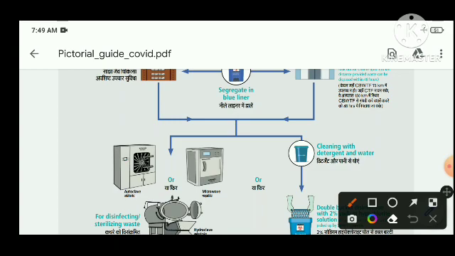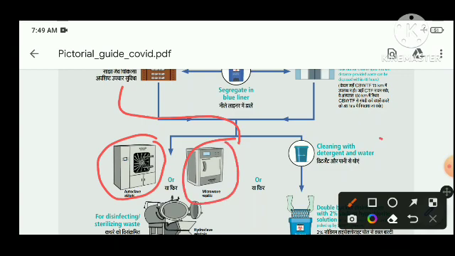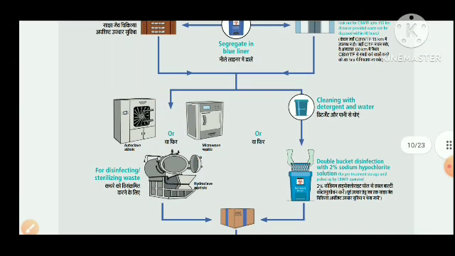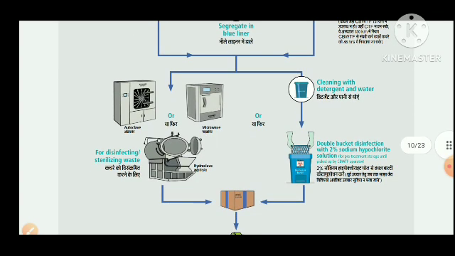Here you can see that from the common biomedical waste facility it goes to these pre-treatment facilities, and there again is autoclave, microwave, and cleaning with detergents and water. So these are some of the pre-treatment processes, and after all of this it is again sent for disinfecting, sterilizing waste and double bucket disinfection.